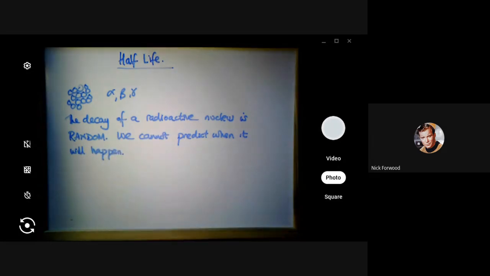Okay, so the decay of a radioactive nucleus is random. We cannot predict when it's going to happen.